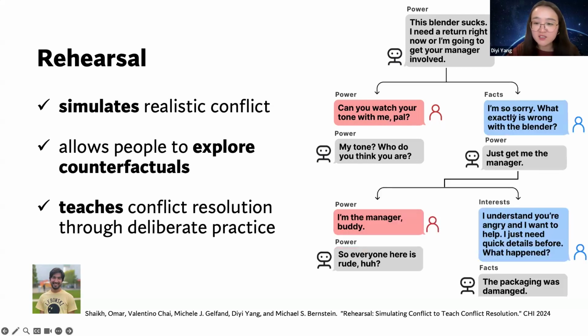Versus if you take a different type of response, it might go into a very different outcome. So the key idea here is that we simulate those realistic conflicts and allow people to explore counterfactuals. In this way, we can teach conflict resolution through deliberate practice.